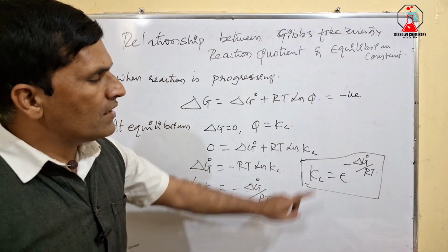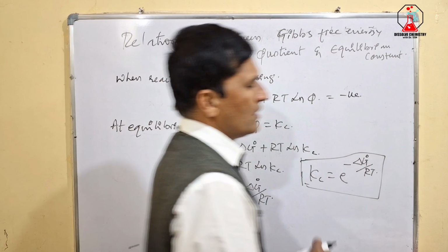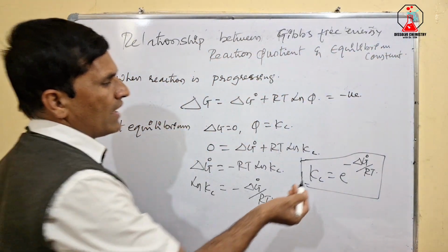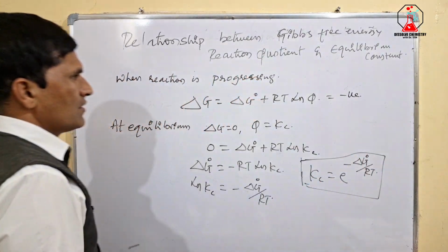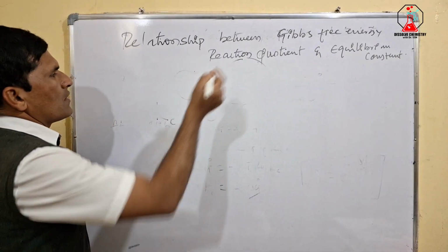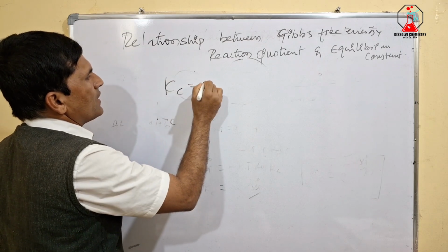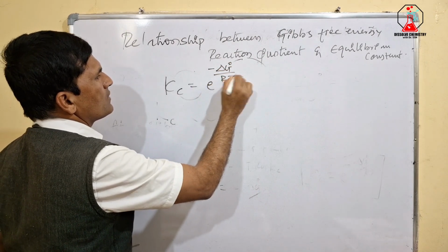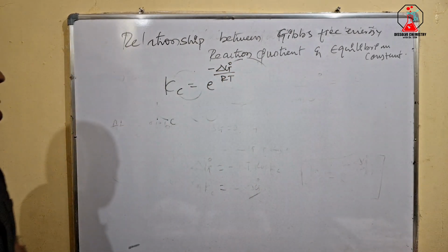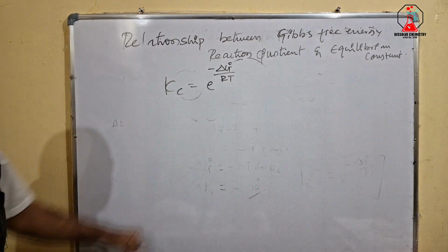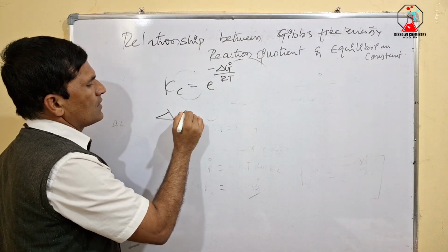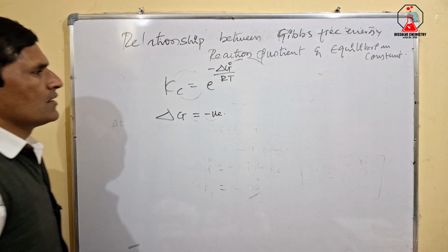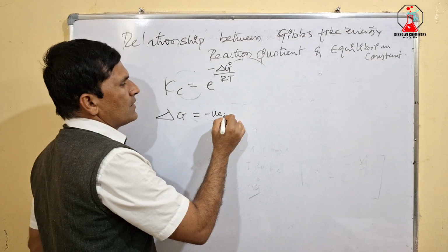Now we will see whether the reaction goes in the forward direction or backward direction based on the value of standard Gibbs free energy, that is delta G naught by RT.